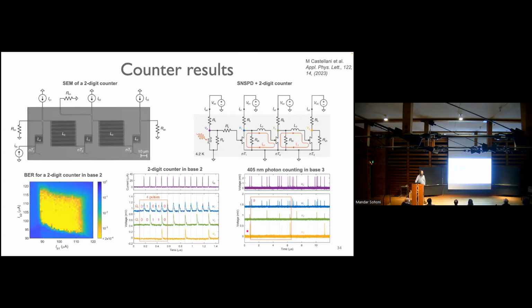We've since then developed the technology. This is another one of my students, Matteo Castellani, who developed this. This is a pretty sophisticated device. It's a 2-digit counter that is counting photons that are being absorbed by a single photon detector. Right here we have the single photon detector on the same chip.